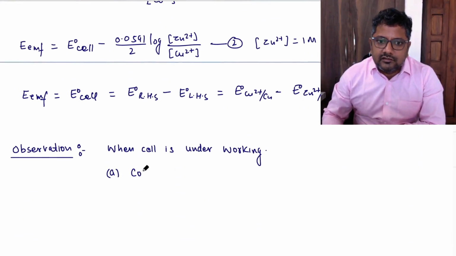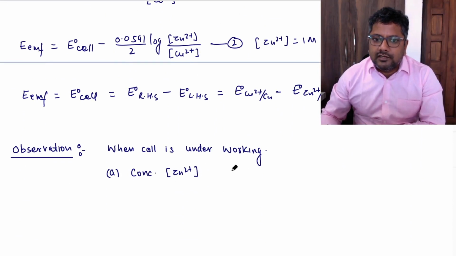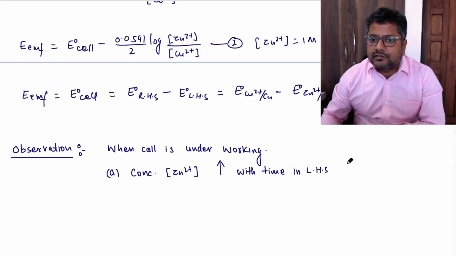Concentration of Zn2 plus ion increases with time in LHS or anode.